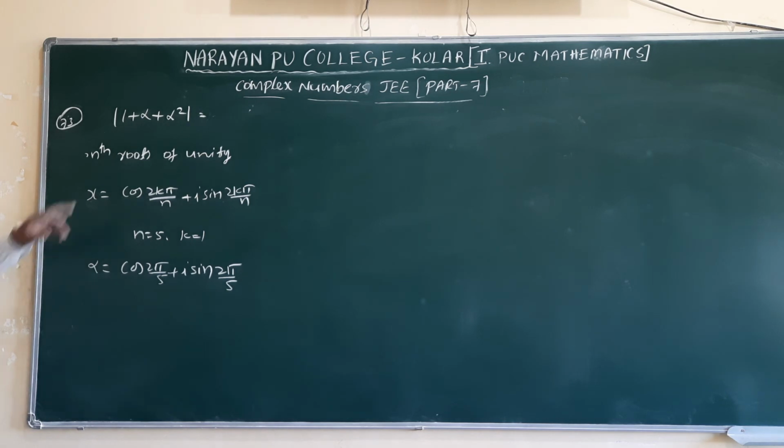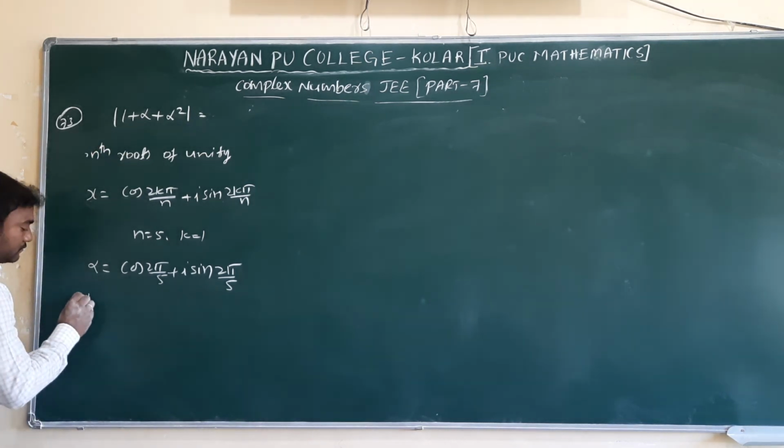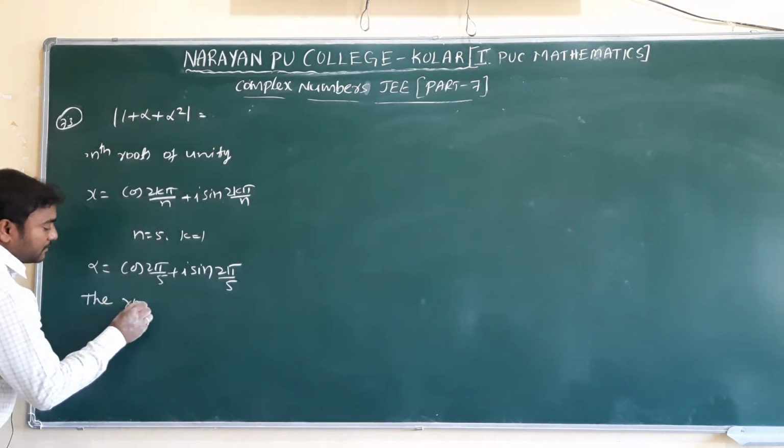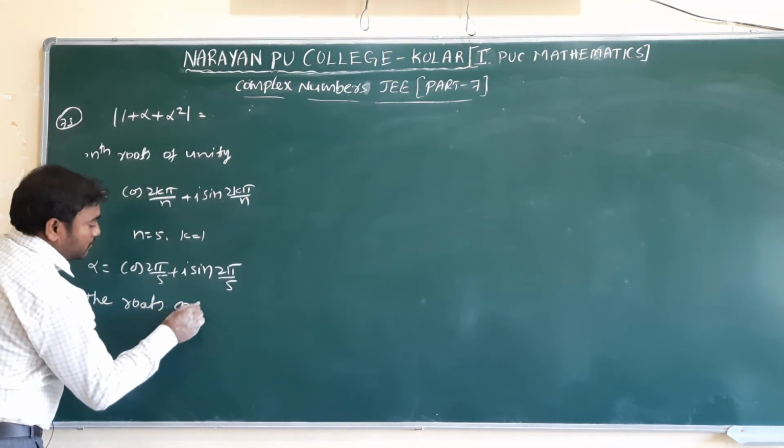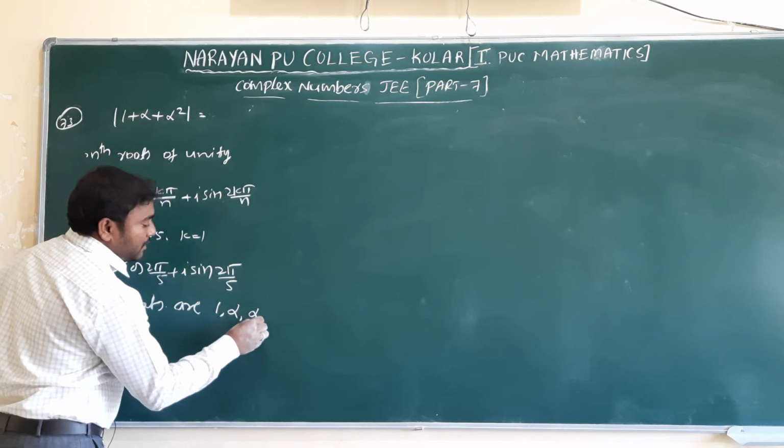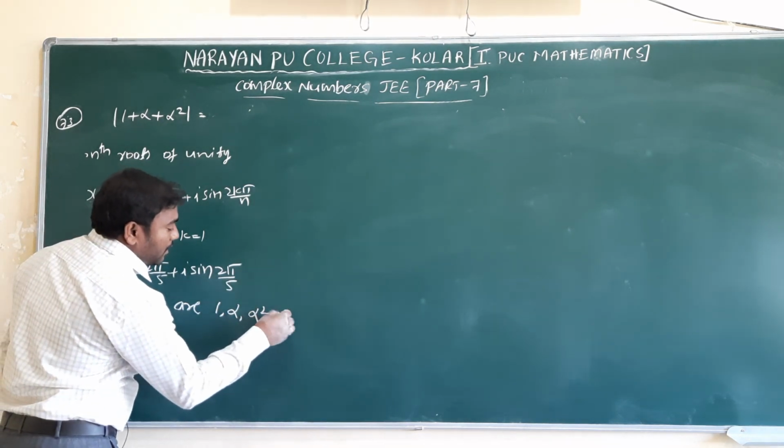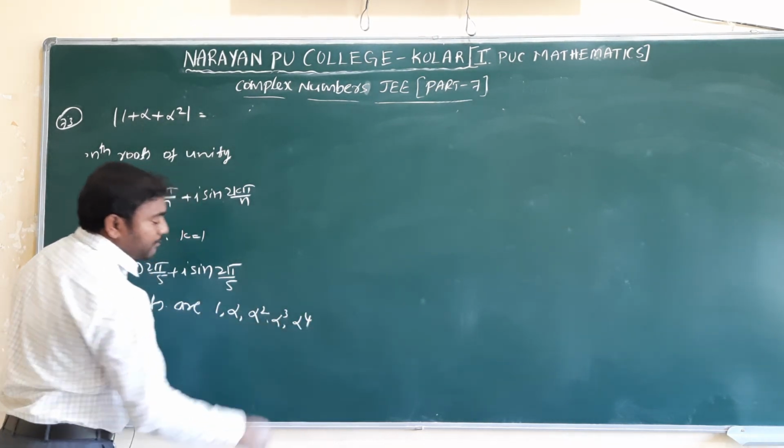Now 1 plus the sum of the fifth roots of unity. The roots are 1, alpha, alpha square, alpha cube, alpha power 4.